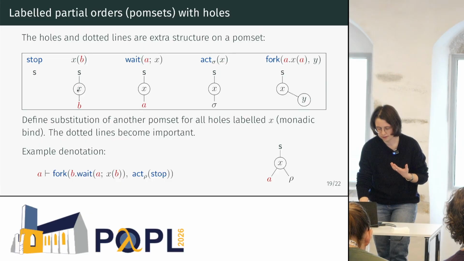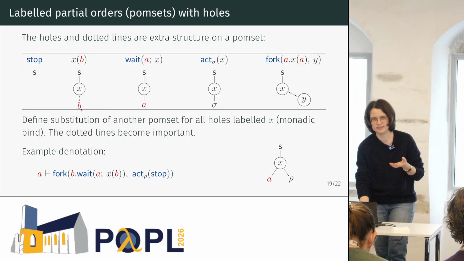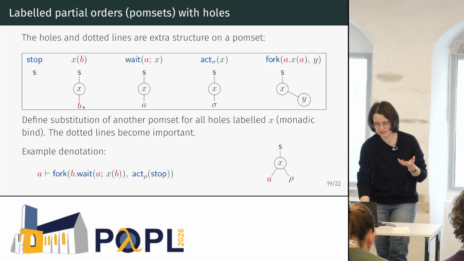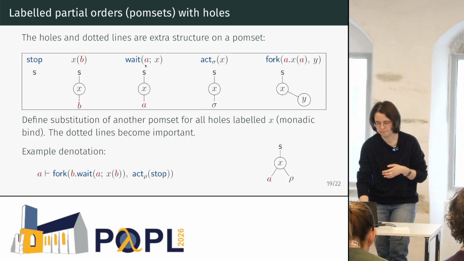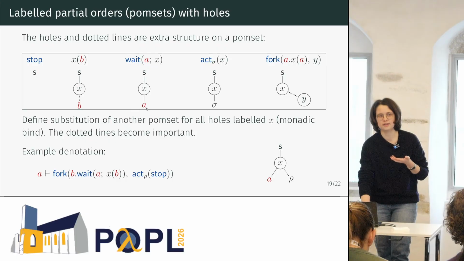And then this x has a potential dependency to the ID b, which is given by this dotted line. And the point is that x might use b in the future. And then because x is happening on the main thread, it has a connection to this stop label. Okay. Then waiting is also represented as a hole x, but now with an actual connection to the ID a, because x is waiting on a.